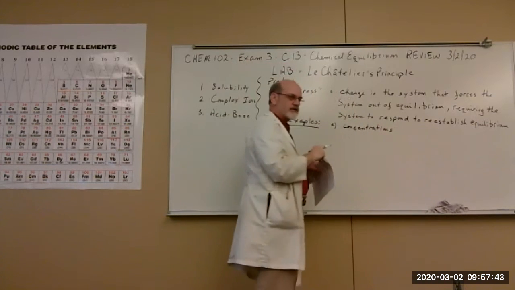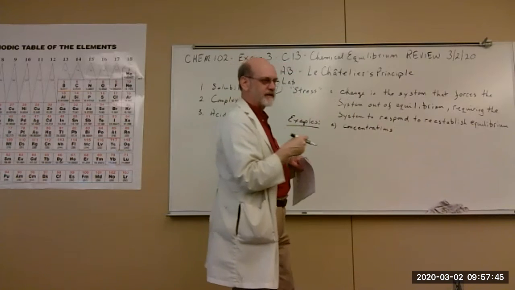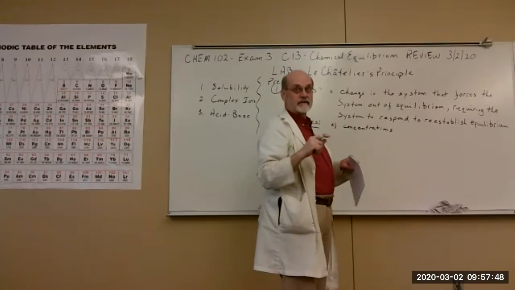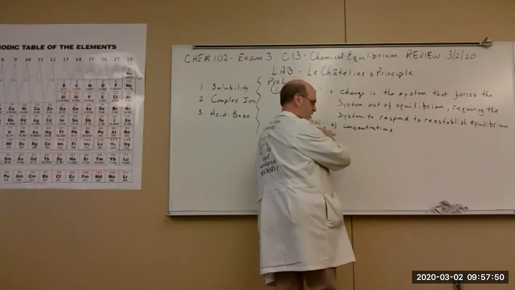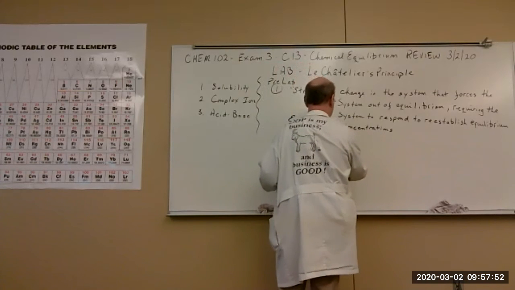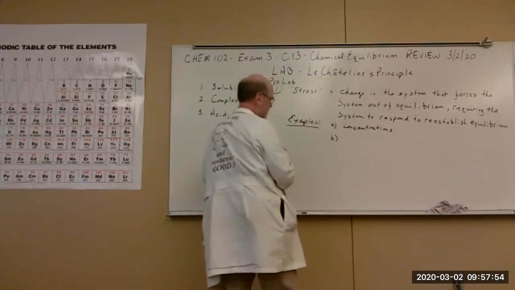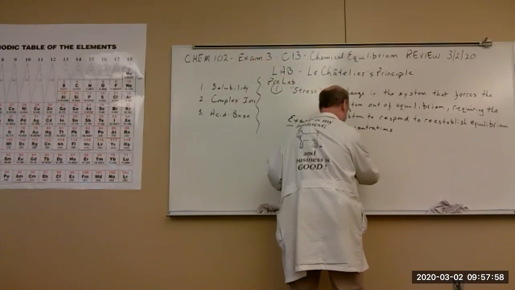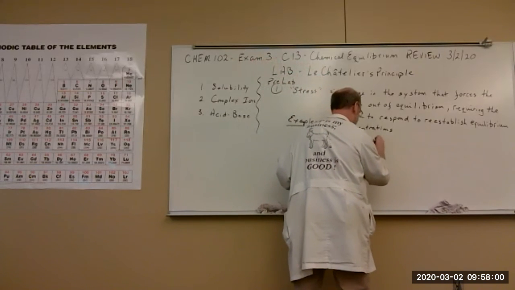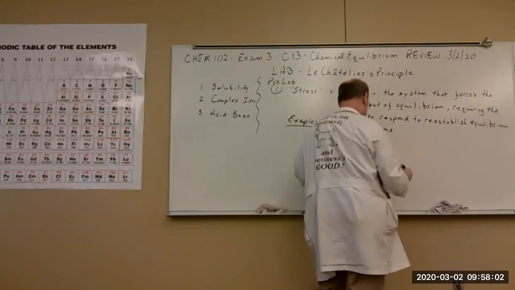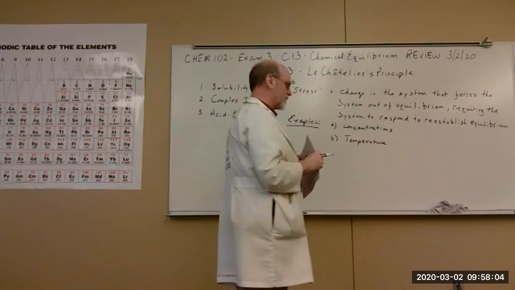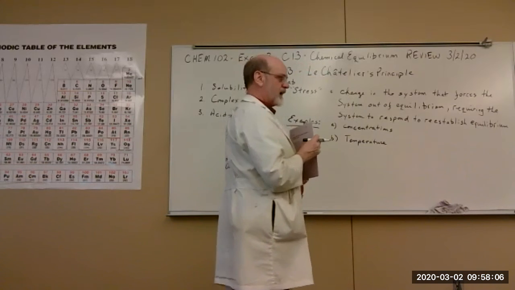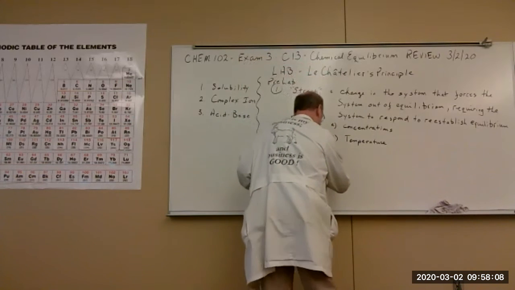If you change the concentrations of either reactant or product, and it only has to be one of them, then the system has to respond. What's another possibility? Temperature. Okay, that will force the system out of equilibrium. You change the pressure.